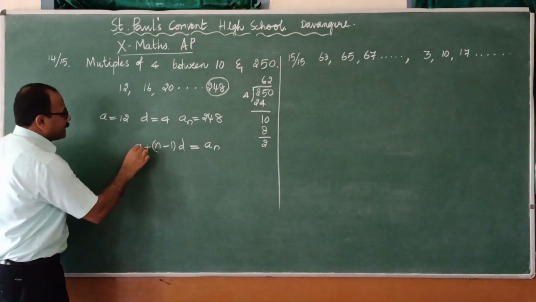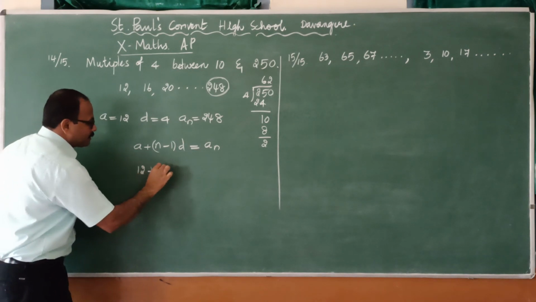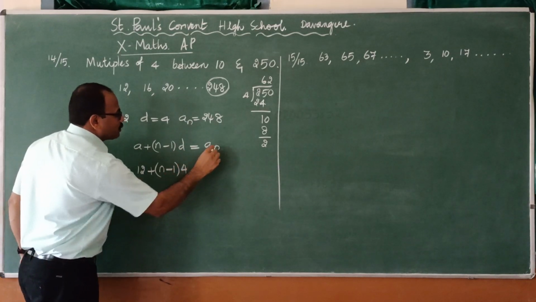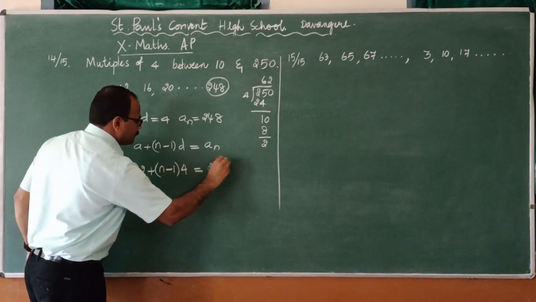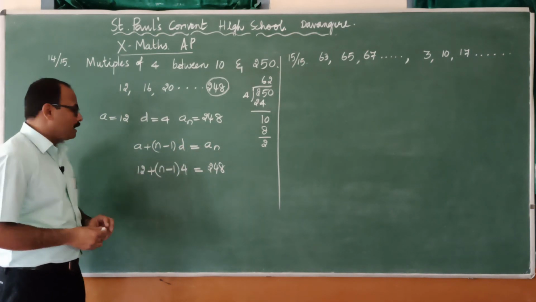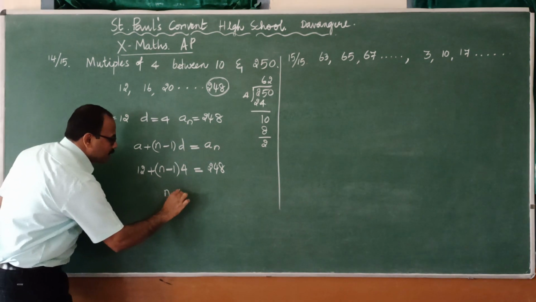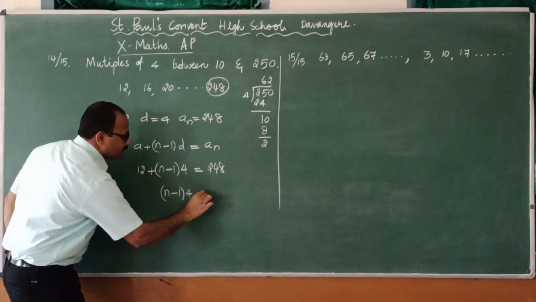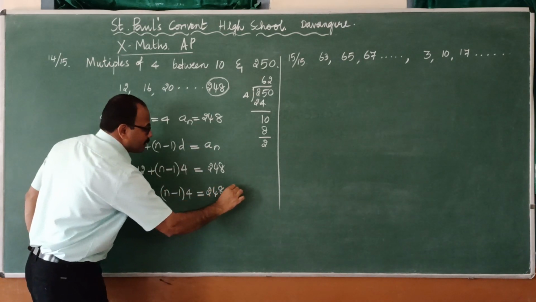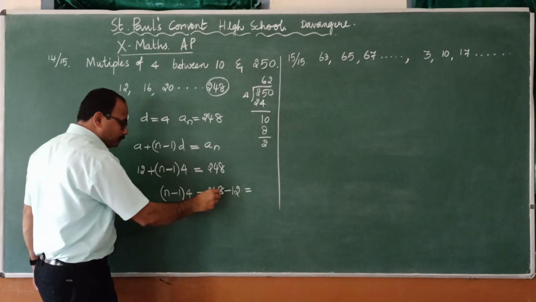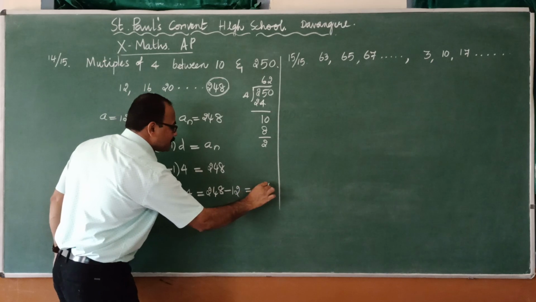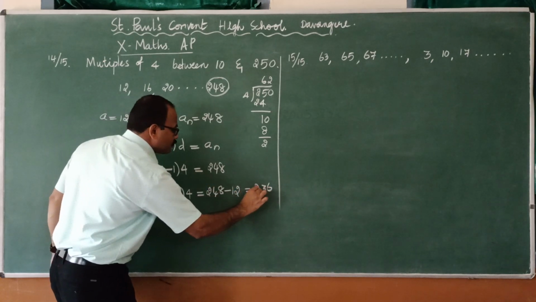A is 12 plus n minus 1 into d, we have calculated 4, is equal to 248. Then that will be transposed, and cross multiplication will give our answer. n minus 1 into 4 remains here only. 248 gets transposed, minus 12 will be equal to 236.